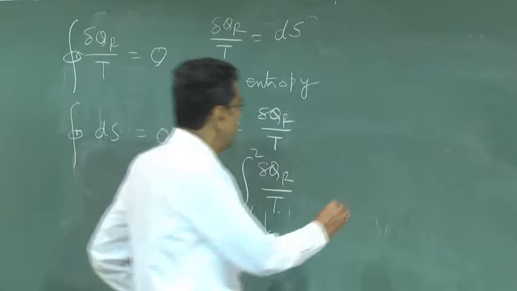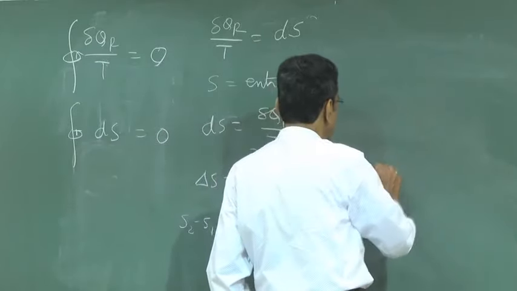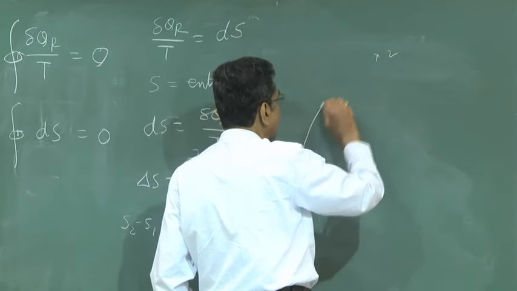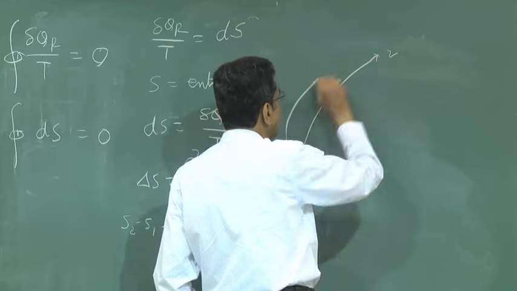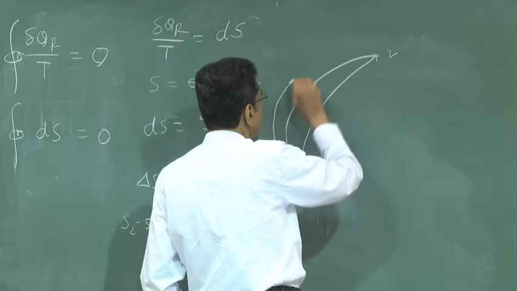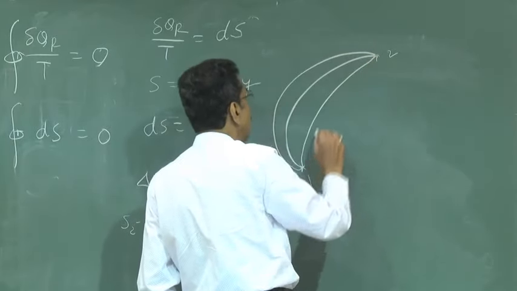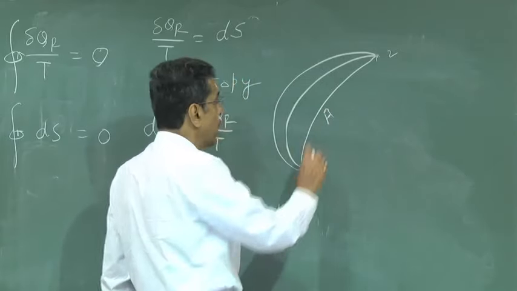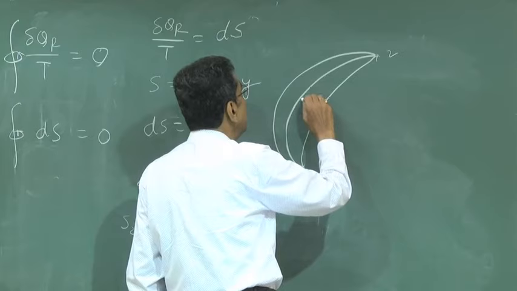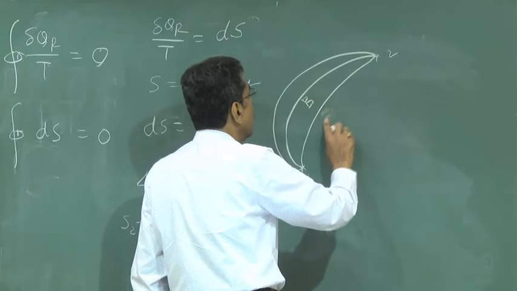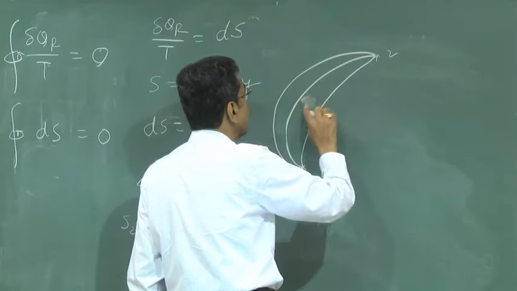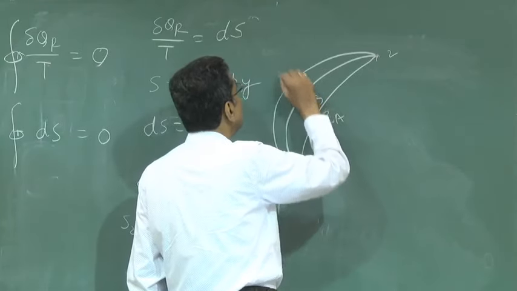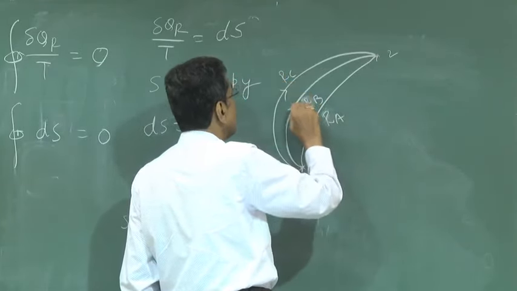That means if we have two state points 1 and 2, connected by a number of reversible processes, let us consider paths 1-A-2, 1-B-2 and 1-C-2, all reversible processes from state 1 to 2.